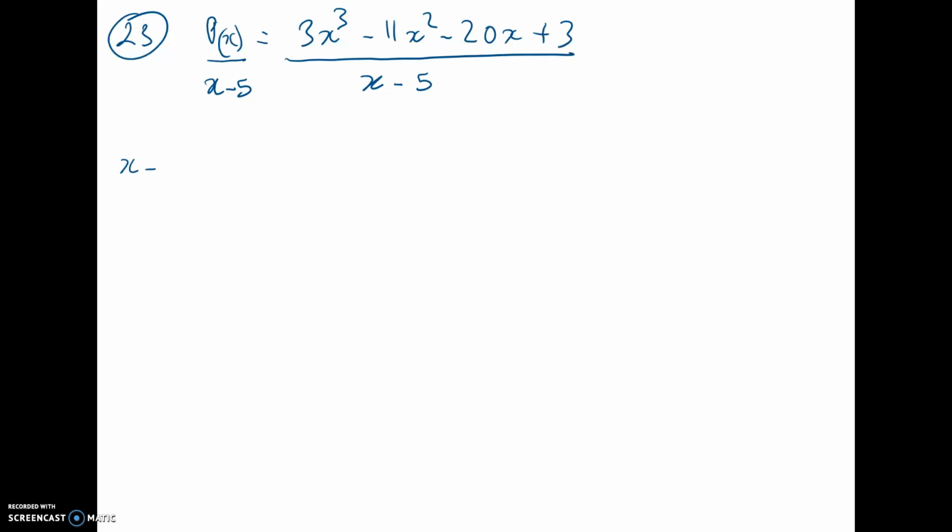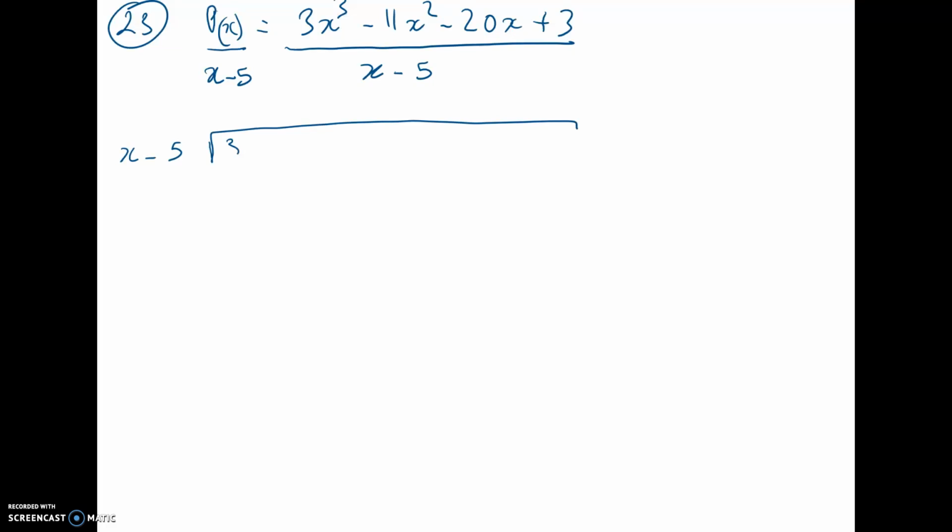If I do the long division, I need to have my polynomial with decreasing exponents. So I need to have an x squared. Excellent, I got my x squared, I got my x, and the last number. And step number one, I'm going to take the highest exponent of my polynomial and divide by the first term of my x minus 5, which is x, and I end up with 3x squared.